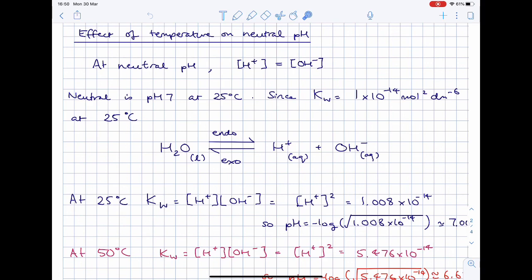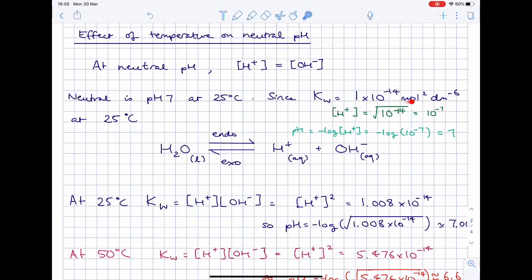And it just happens that at 25 degrees C, these two multiplied together is 1 times 10 to the minus 14 mol squared dm to the minus 6, which is the ionic product of water. So we can work out the concentration of H+ ions at 25 degrees C by taking the square root of this.